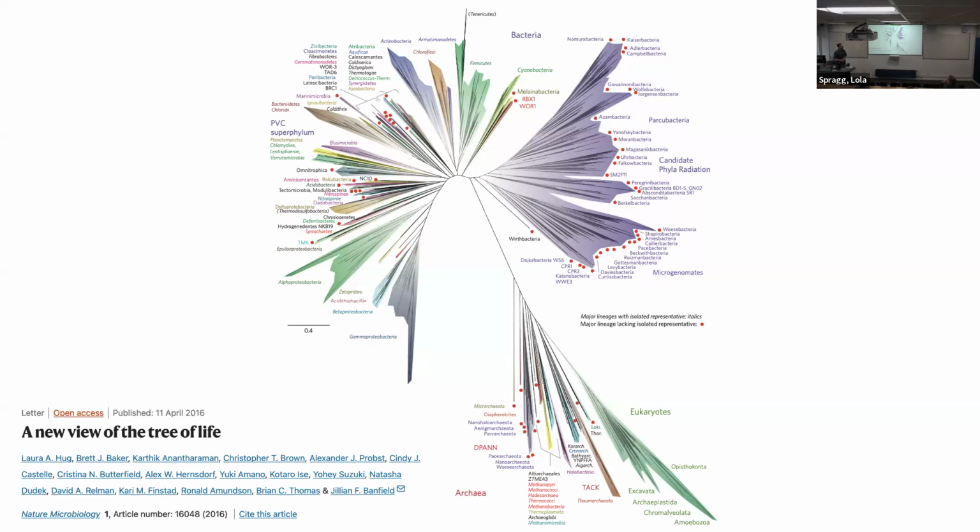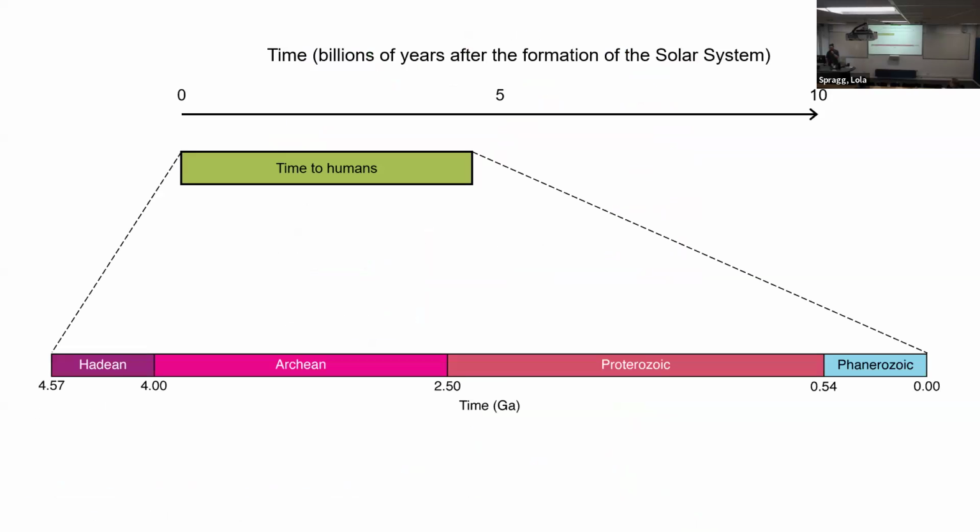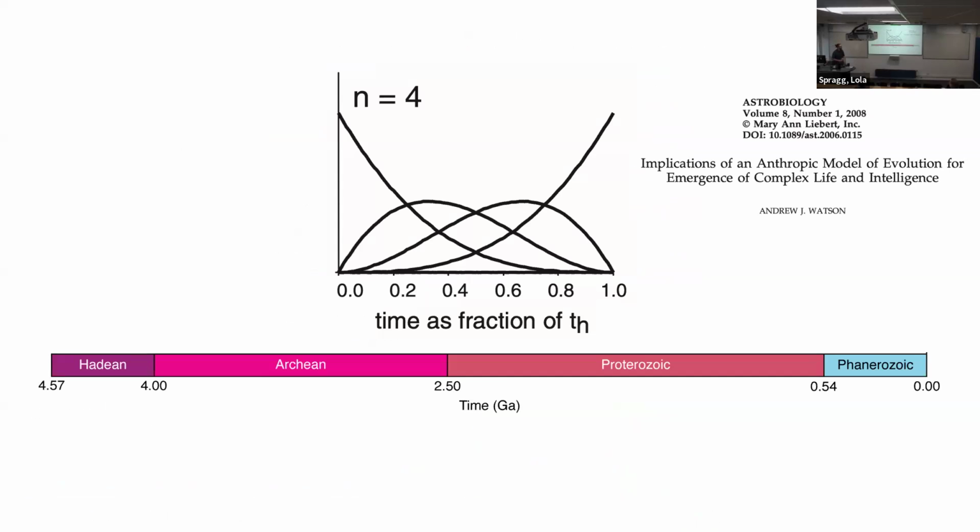And this is something Brandon Carter never went into, but it's more or less a confirmation of some of his predictions. The other criterion, if we look here, is the time it took for humans to evolve, the geologic timescale, right? It was Andy Watson who was the first in the literature to really say that these candidate hard steps should also be equally distributed in time.